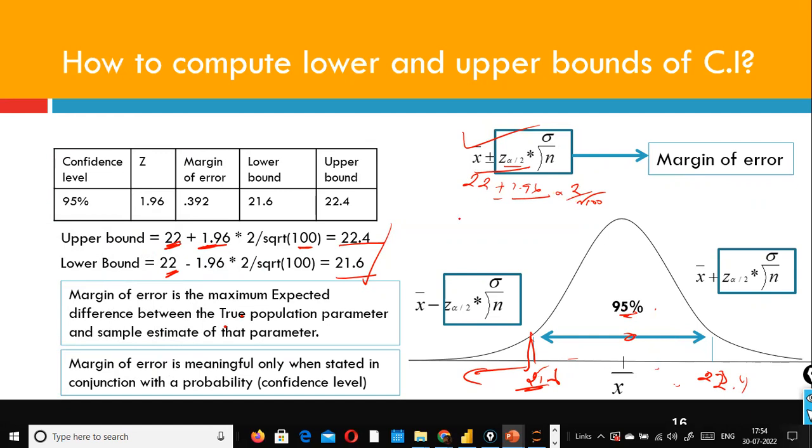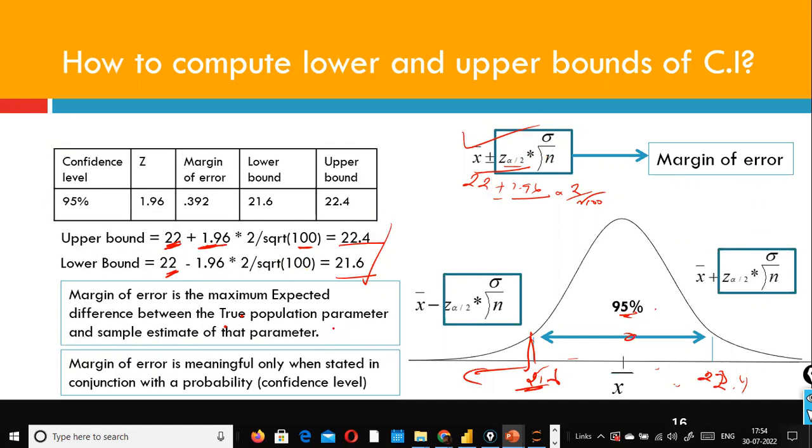So that is the lower bound. Here we say we are 95% confident the population mean can fall anywhere between these two. This portion is called the margin of error. If you multiply the z value into sigma divided by root n, you get the margin of error, the maximum expected difference between the true population parameter and the sample estimate of the parameter.